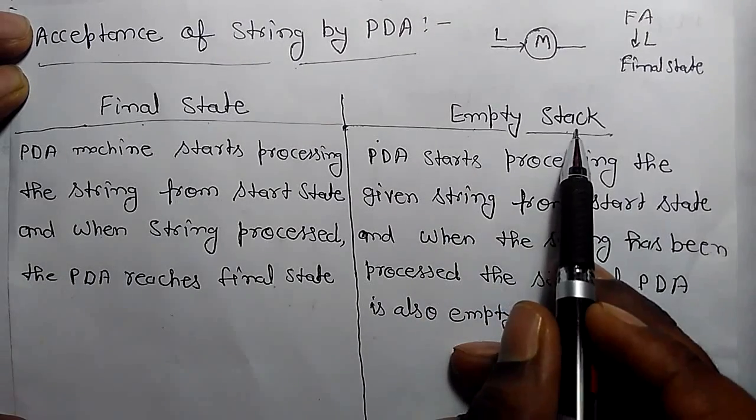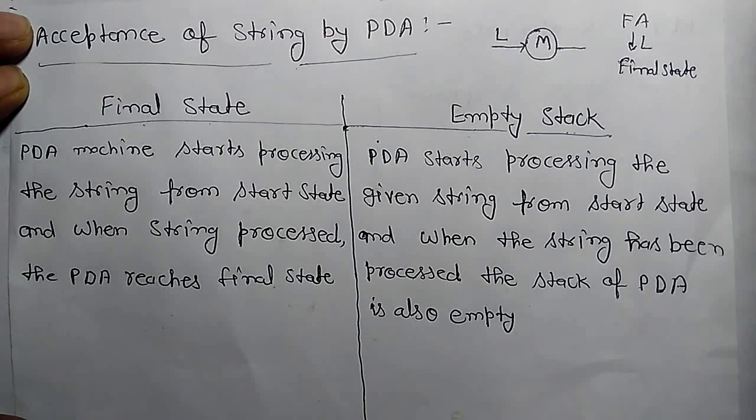Empty stack acceptance means when the PDA starts processing the given string from the start state, and when the string has been processed, the stack of the PDA is also empty.